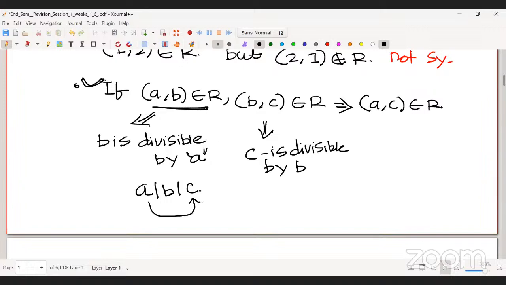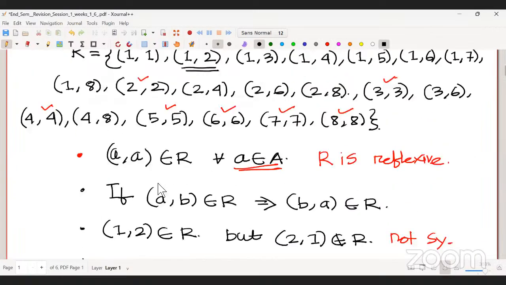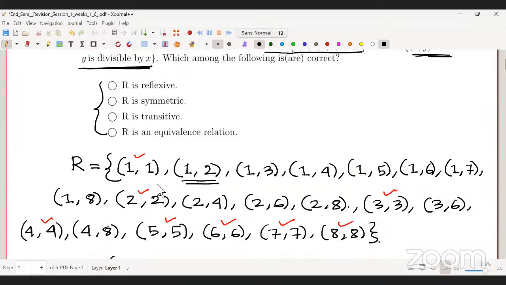So by using these two things, I can say that A also divides C. That means A comma C is also inside my relation. So from now I can say that my relation is transitive, right?